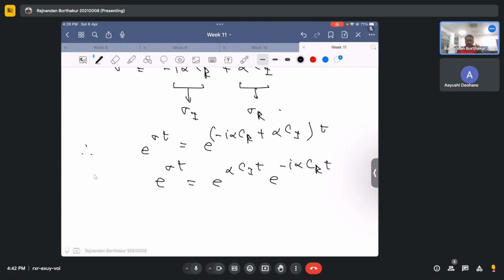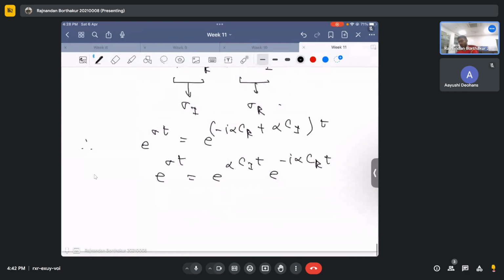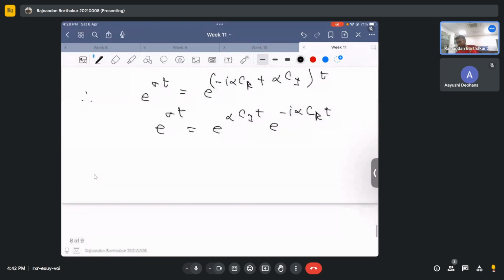Yeah, exactly, that's what I want to convey. As you have rightly said, the condition for stability is c_i less than 0.